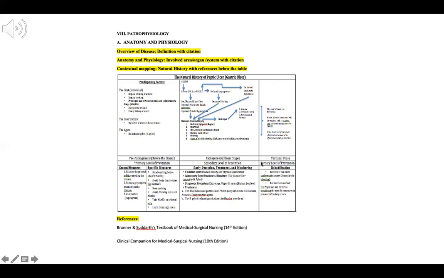And then the progression of the disease until whether the client is rehabilitated or the client dies, on that part, it is addressed by the tertiary level of prevention as intervention.